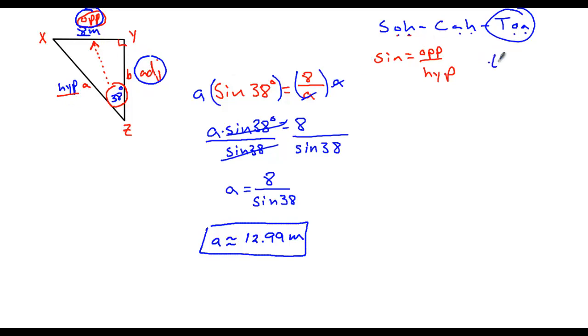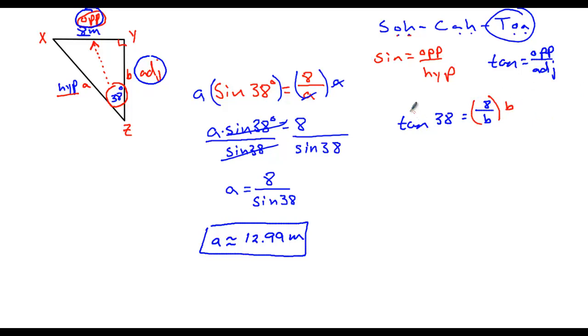So I know that T stands for tangent, and tangent equals opposite over adjacent. So I write down tan 38 equals opposite of 38 is 8 over the adjacent, which is B. So I solve this just like I solved the last one.